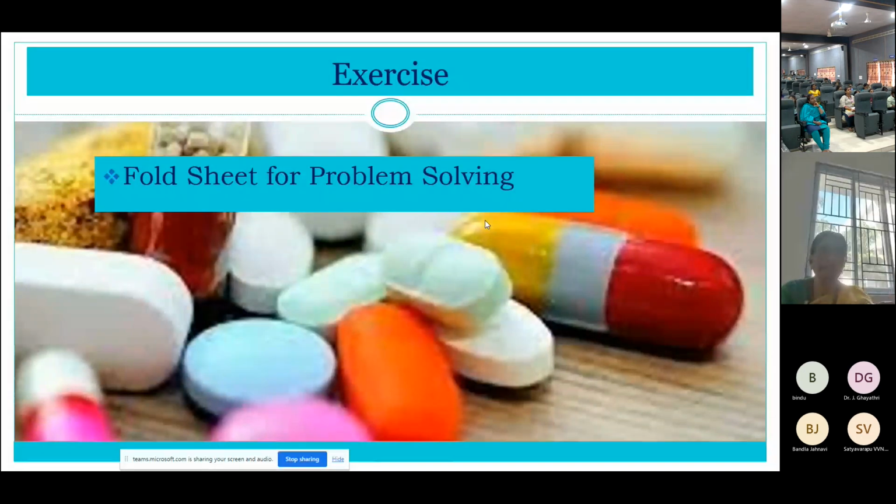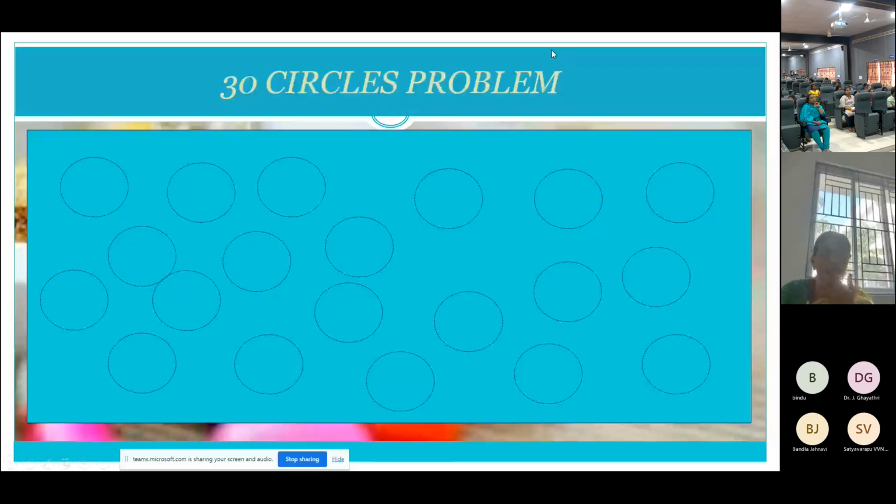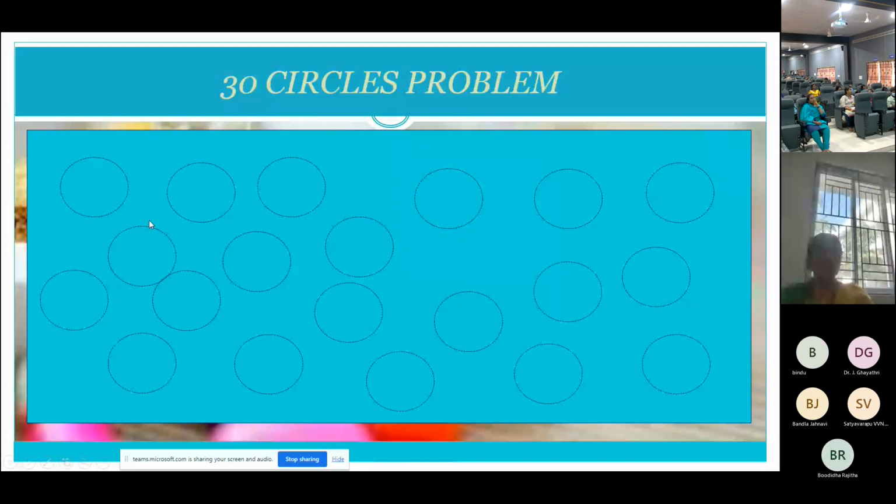And this is another problem you can work on. This problem is called the 30 circles problem. Here I have drawn 30 circles. What you have to do is, if you have a paper, you can try. You can draw some diagrams which are in round shape, in the circles. Set a timer for 1 minute.